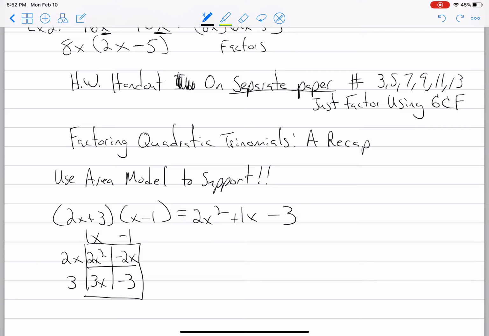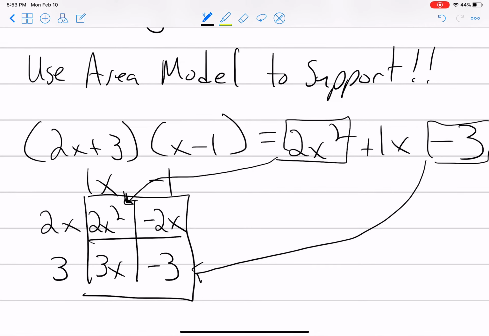And we're going to notice some connections right here. First thing I want you to notice, 2x squared, that first term, is always going to go in that box. Notice that negative 3, that last term, is always going to go in that box. This is box 1, box 2, box 3, and box 4.